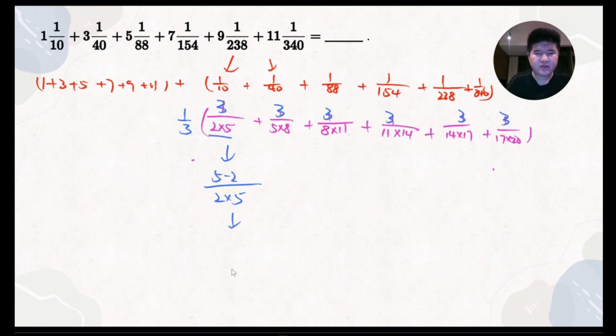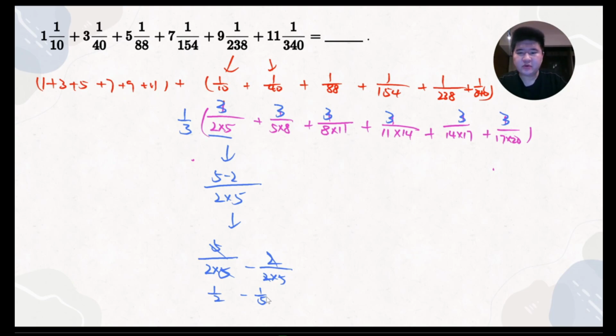And then we split them, become 5 over 2 times 5 minus 2 over 2 times 5. 5 and 5 cancel, 2 and 2 cancel. It's 1 over 2 minus 1 over 5. 我们在这最后的结果一定是两个单位分数，不要在分子里再出现3了。It's an incorrect one. So now we just overcame this question.